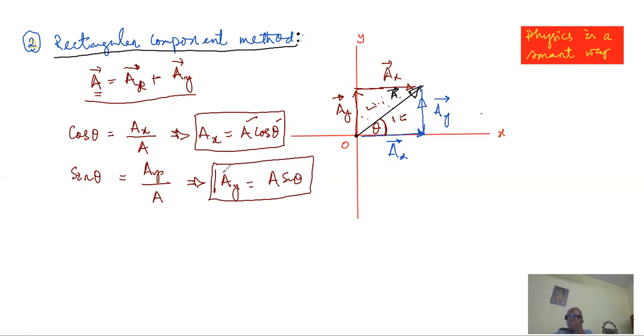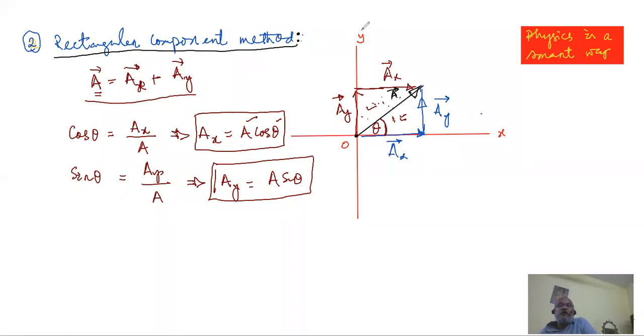Okay. That is an easy way a student can remember, because if the situation is like this, maybe you are having 3 or 4 vectors and all the vectors are to be broken down into their x and y components. So a lot of sine theta and a lot of cos theta you are required to consider. I'm repeating again.